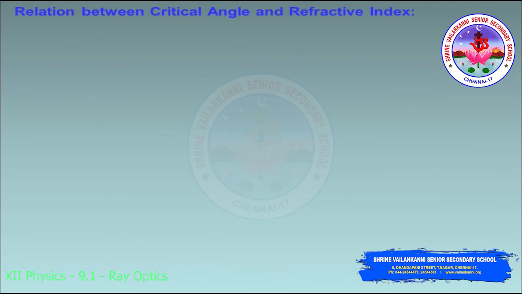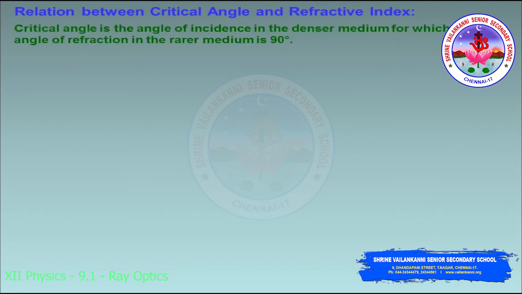What is the relation between the critical angle and the refractive index? From Snell's law we can prove this. The critical angle is the angle of incidence in the denser medium for which the angle of refraction in the rarer medium is 90 degrees, so r equals 90 degrees.